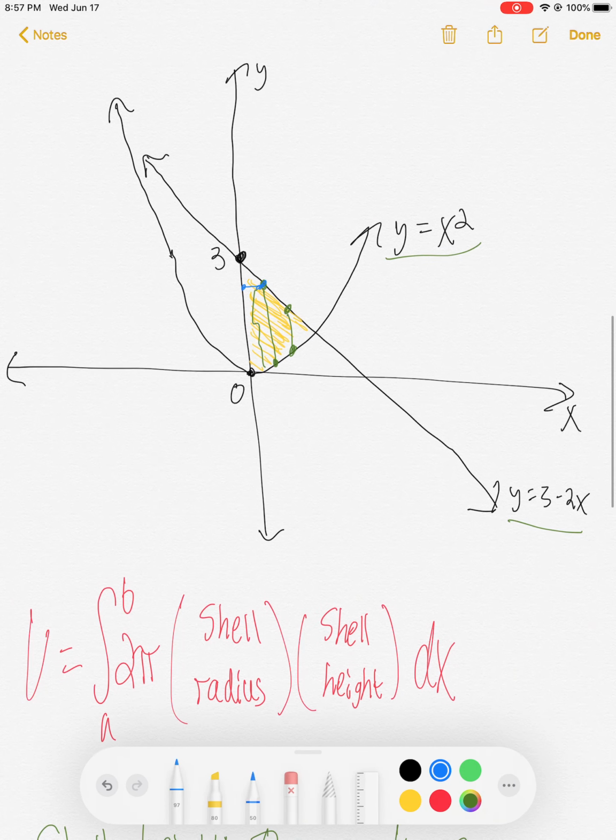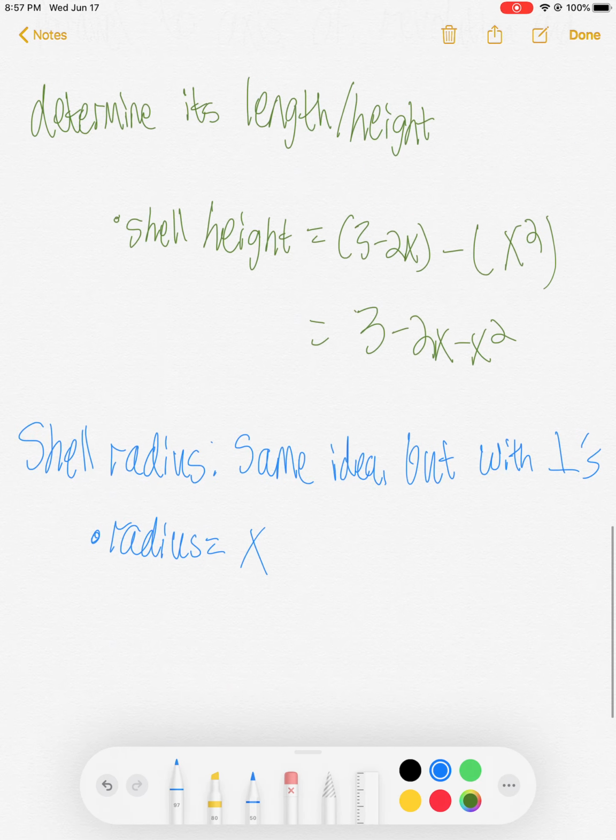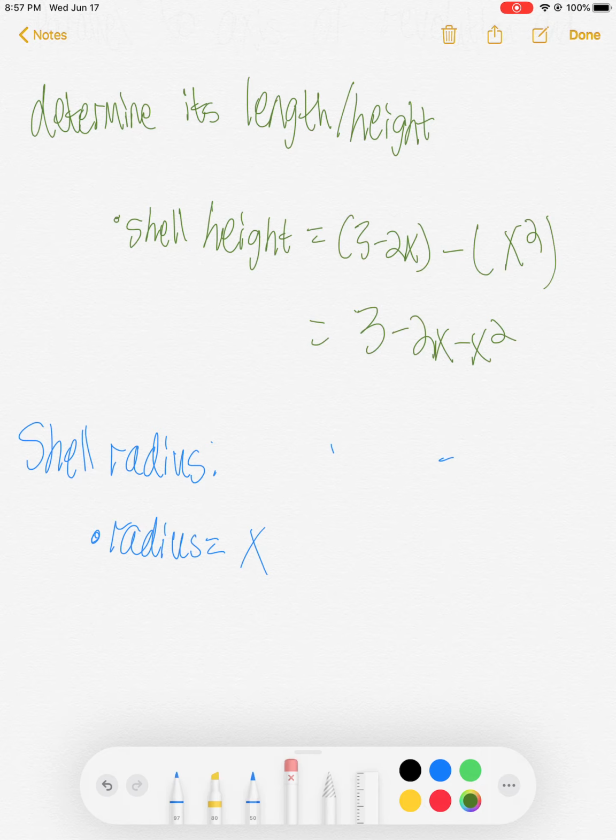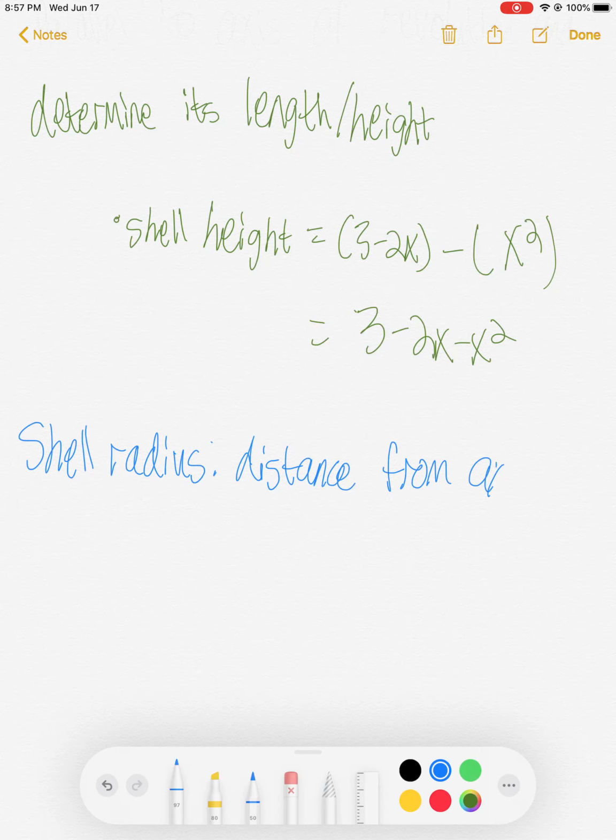This one, again, is a little bit tricky to try to explain in words. The textbook describes this much better than I do. The way that the textbook describes it, and I like this description, is distance from the axis of revolution.